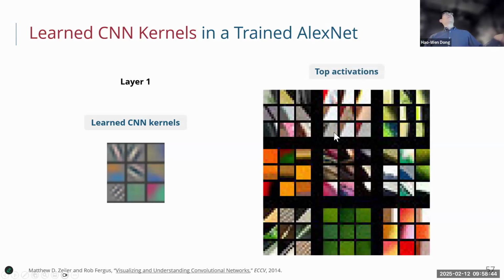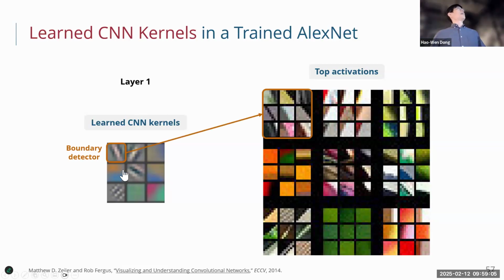This is what they've done in this paper. Basically, they look at the image part that has the maximum activation for a given filter. You have different filters, and these are the things that trigger these detectors. At the top left, you have a boundary detector in that specific shape, a slope.